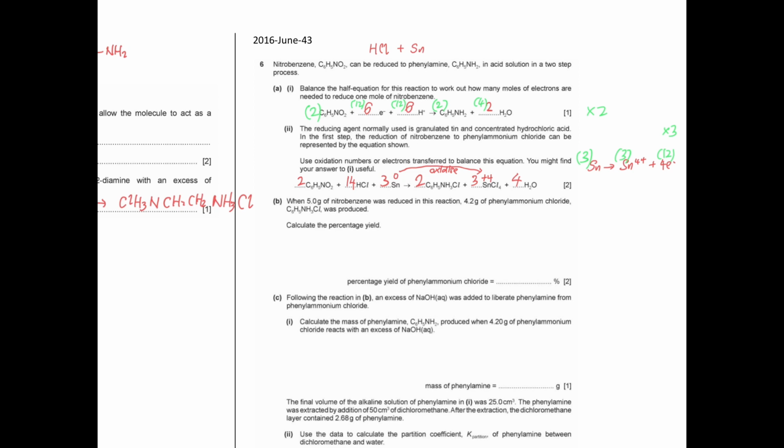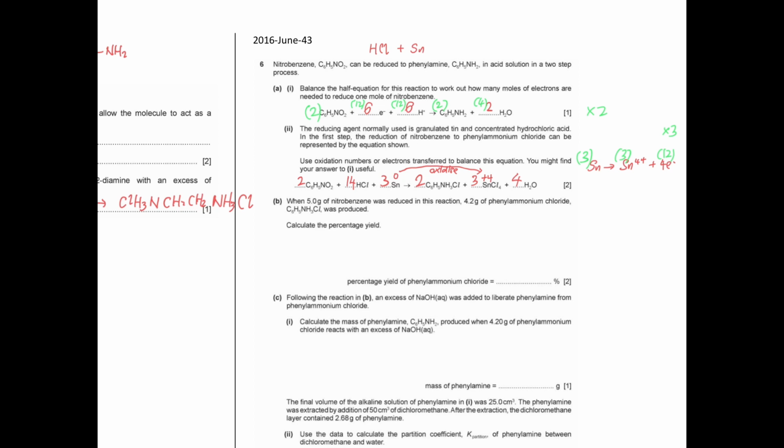Now we look at part B. When 5.0 gram of nitrobenzene was reduced in these reactions, 4.2 gram of phenyl ammonium chloride, C6H5NH3Cl, was produced.